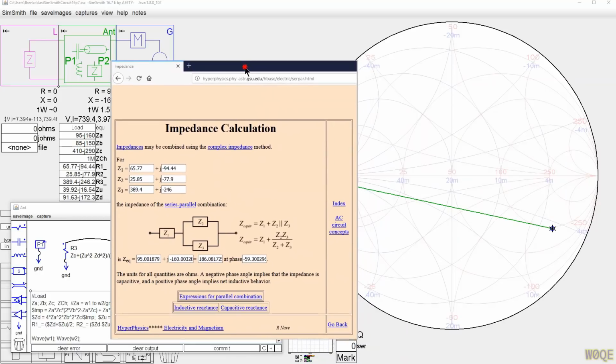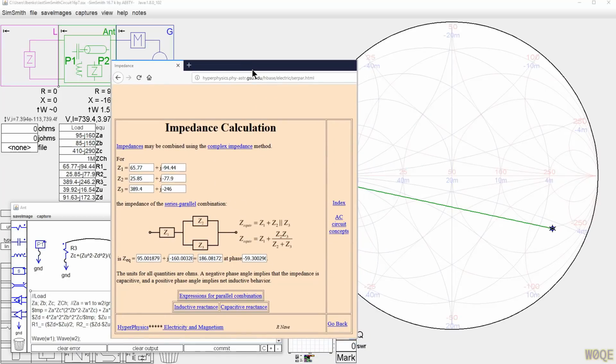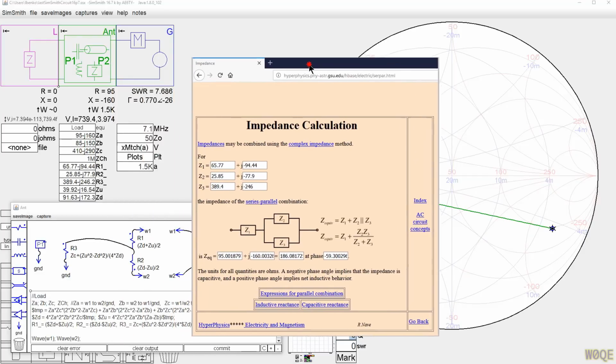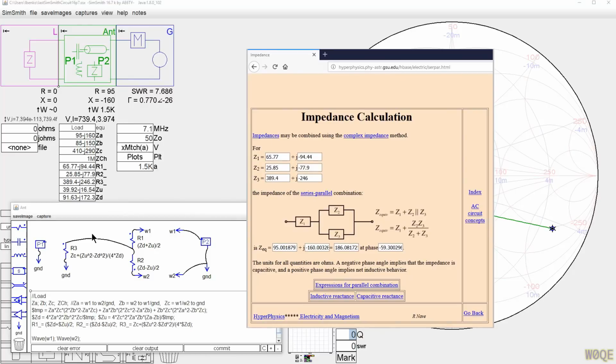And here's a little calculator I found online. This calculator does a Z1, Z2, Z3 calculation, which is exactly what this circuit looks like. If we take the calculation we have for, let's just say, Z sub A, then R1 here is the same as Z1, R2 and R3 are Z2 and Z3, and you see that the result we get with this calculator is 95 minus J160.